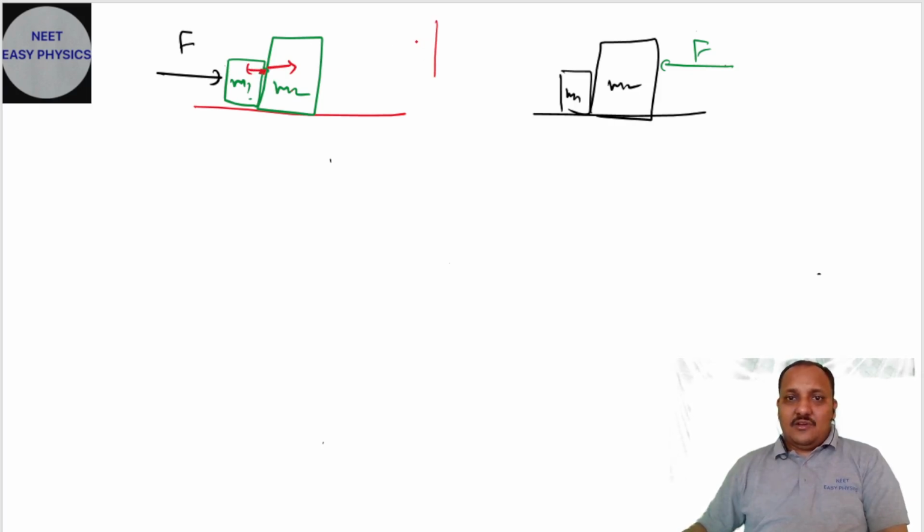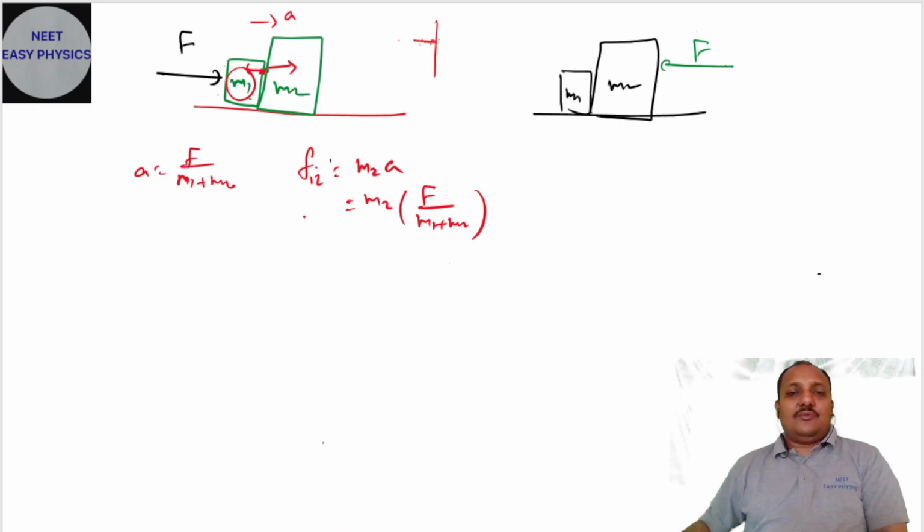If you are pressing a wall with your hand, the wall is acting with some amount of force and your hand is acting with some amount of force. Both are equal and opposite. So now what is the common acceleration? A is equal to F by M1 plus M2. Now if force is applied on M1, then the contact force between 1 and 2 is M2A, that is M2F by M1 plus M2.